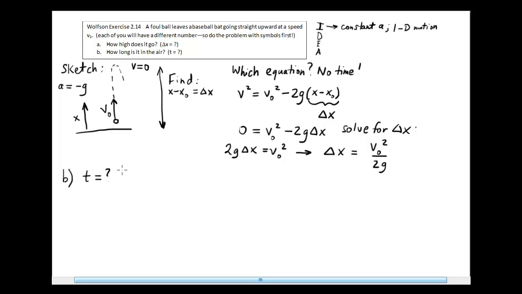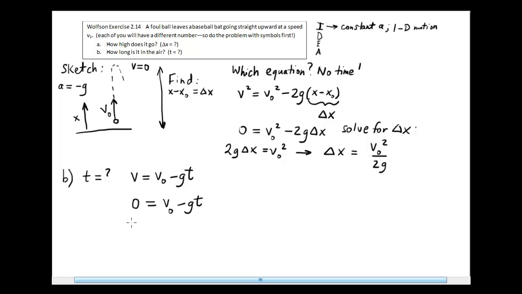All right, now I assume that you have looked at the equations and you have some idea. There actually is more than one approach that would allow you to solve for time, but I would maintain that the simplest equation, making use of the given information and solving for time, would be the equation that says v equals v0 minus gt. The reason is we know g, we know v, we know v0, and we'll solve for time. So you'll see how easy this is. v, of course, at the top is equal to 0. v0 we know is just v0, minus gt.